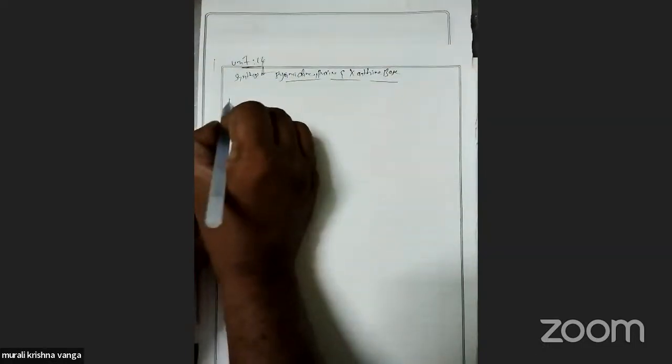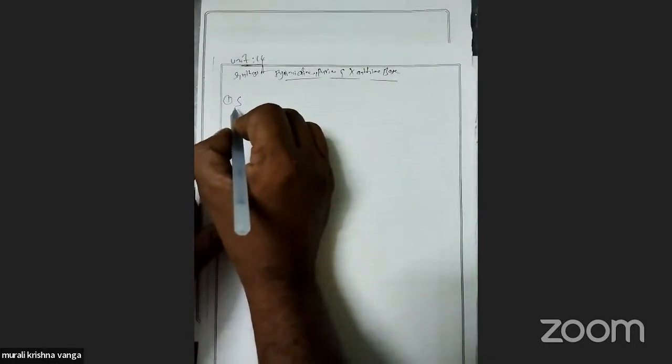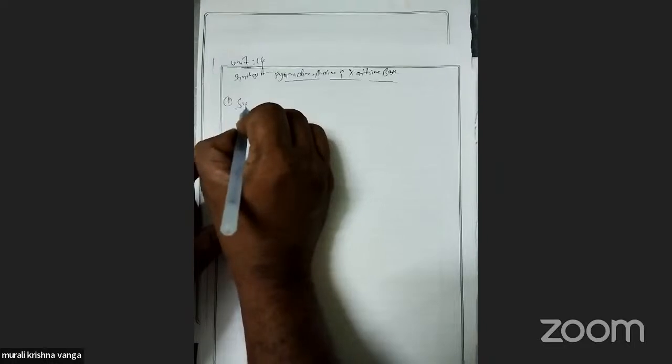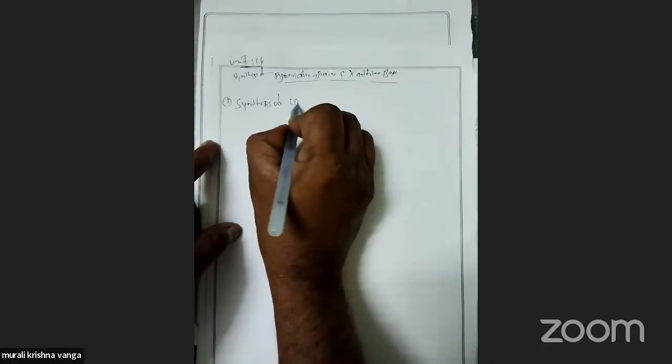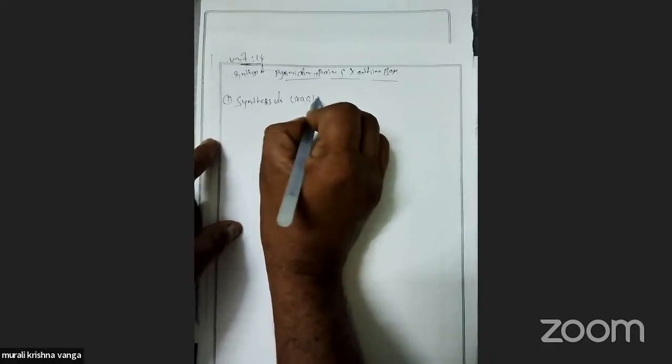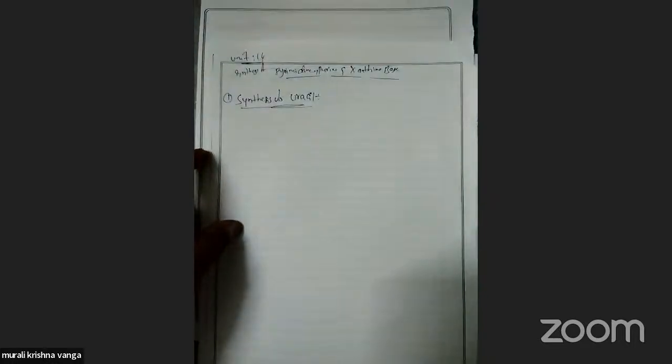They ask you the synthesis of uracil directly. They are asking you the synthesis of uracil, thymine, or cytosine, like this only. First, the synthesis of uracil.